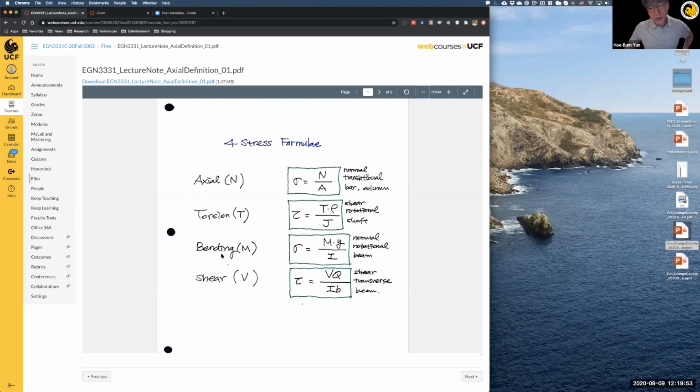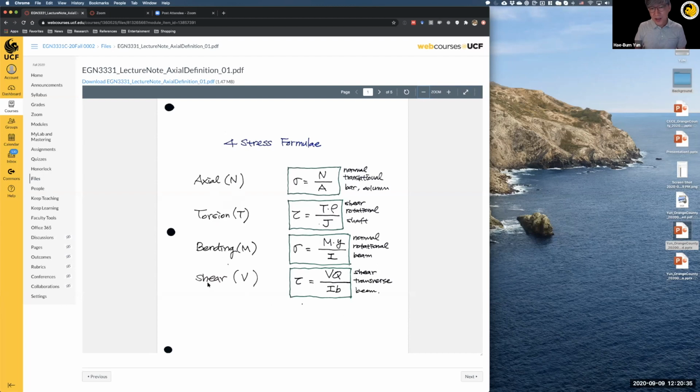So back to bending. Beams are a very good example of bending force, but the beam carries not only bending but also shear force. So the beam carries both bending and shear. Unlike the other two types of members, the beam is more complicated because it carries two different types of forces.